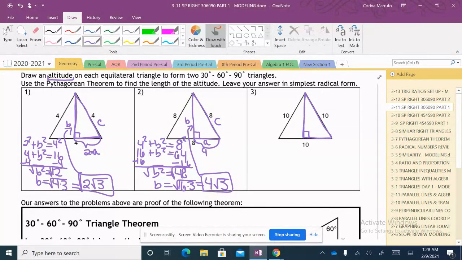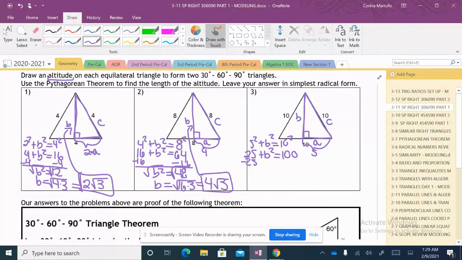This is going to be my A, my B, and my C. Since we cut this piece in half, this is going to be 5. So it'll be 5 squared plus B squared equals 10 squared. 5 squared is 25, B squared we don't know, and 10 squared is 100.